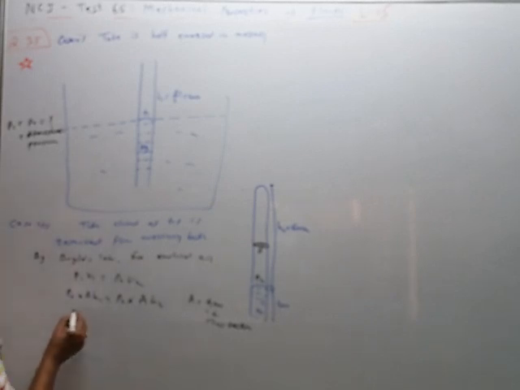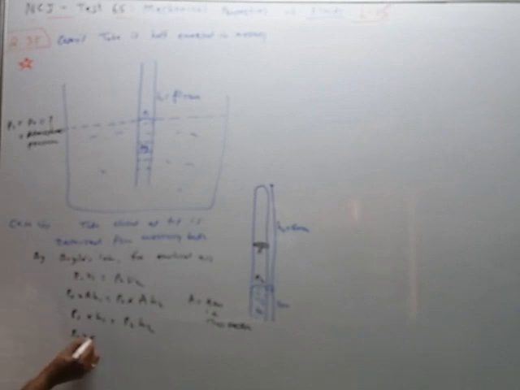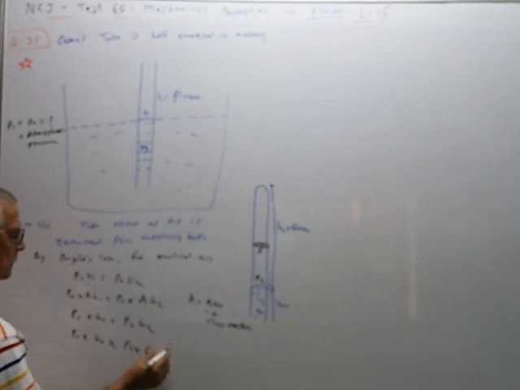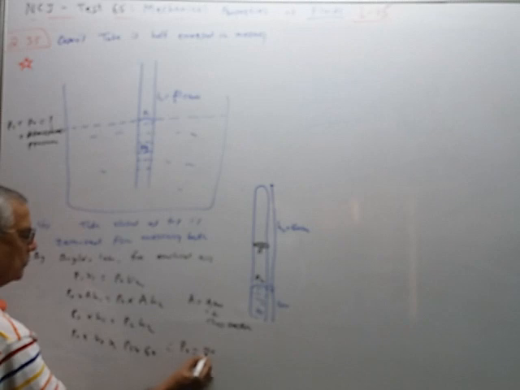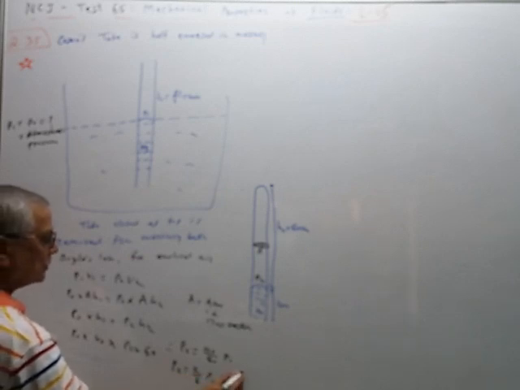So P0 multiplied by H1 is equal to P2 multiplied by H2. H1 is 40 centimeter and H2 is 60 centimeter. And therefore P2 is equal to 40 by 60 times P0. So P2 is equal to 2/3 P0. This is equation 1.